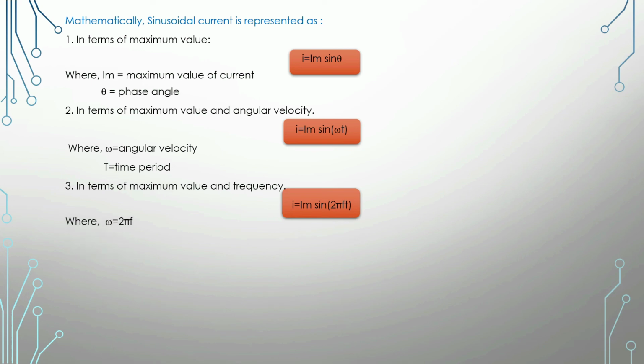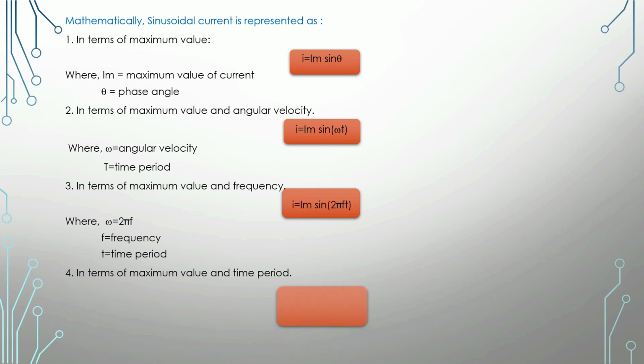Omega is written as 2 pi f, t is the time, f is the frequency. Next, in terms of maximum value and time period, I is equal to Im sine 2 pi upon capital T into t, where f is represented as 1 upon time period. So from this, we studied how we can mathematically represent sinusoidal voltages and currents, and also how graphically they are represented. Thank you.